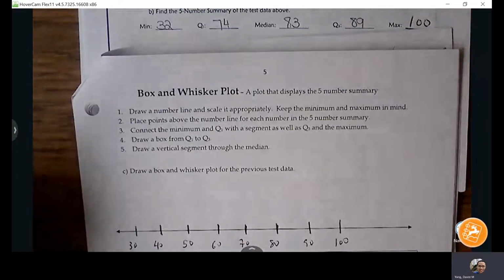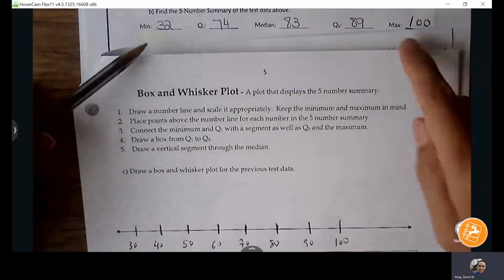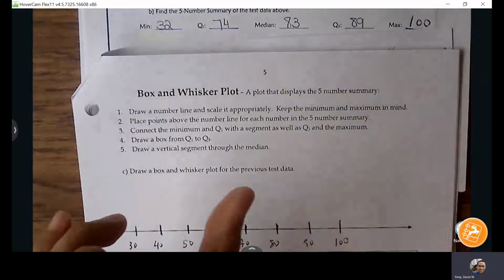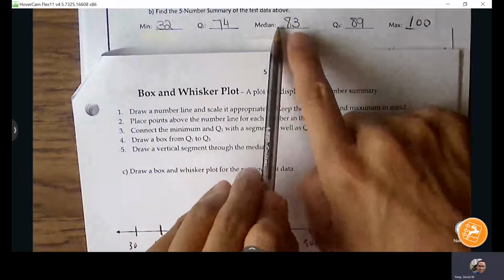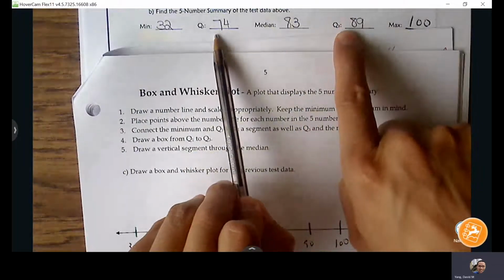Okay, so 32 is going to be your minimum. Your minimum and your maximum are where your whiskers are going to extend to. And then the box is going to be surrounding your Q1, Q3, and median.